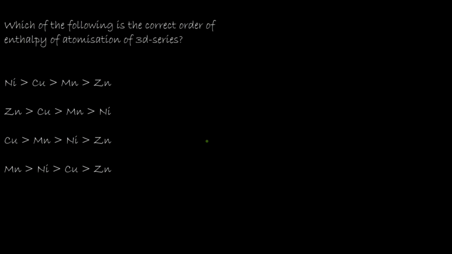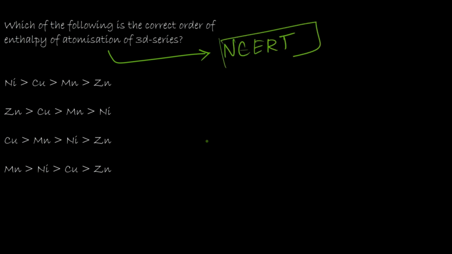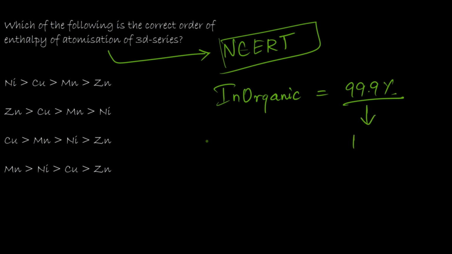Then the next question is based straight on NCERT. In the d-block elements chapter, you can find a table. Always remember, guys, in inorganic chemistry they will ask 99.9 percent of the questions from NCERT only. Be thorough with NCERT, especially the tables.